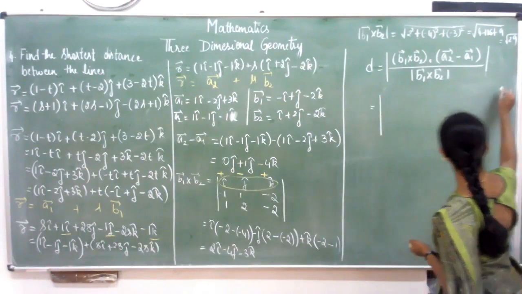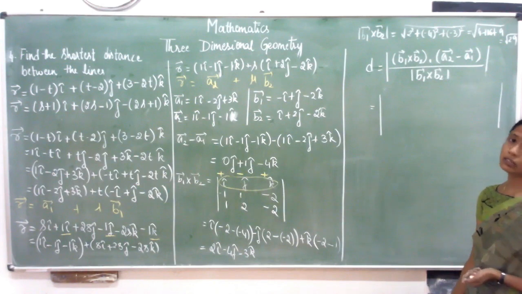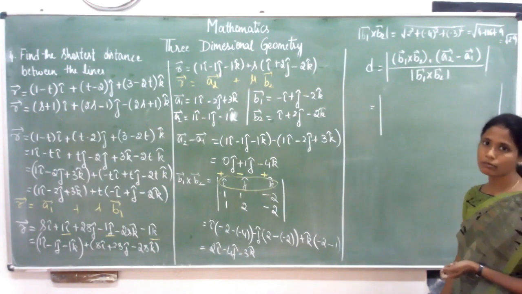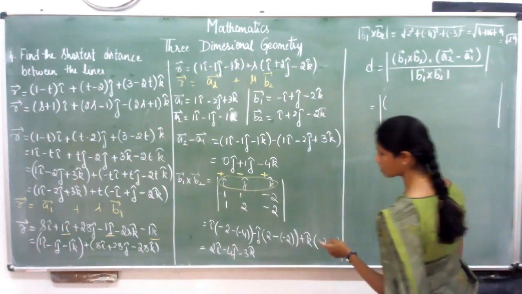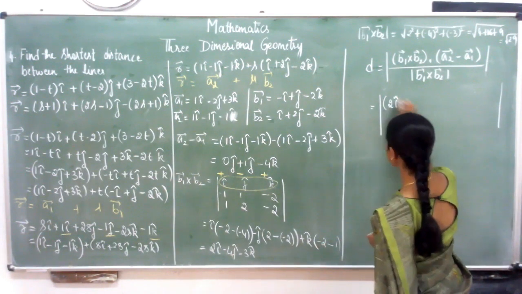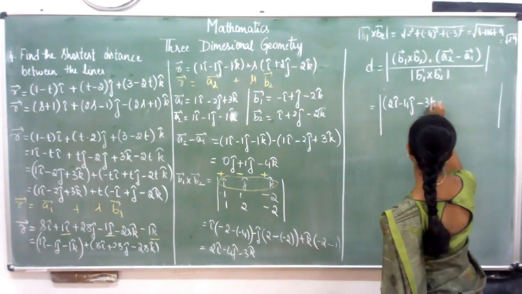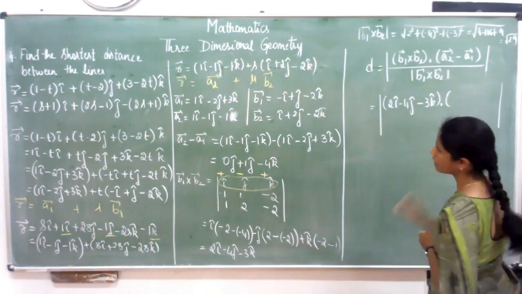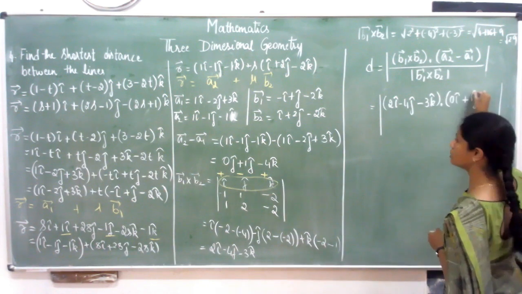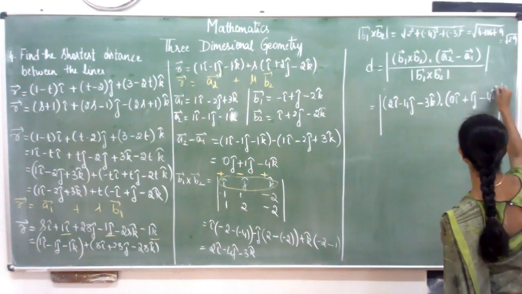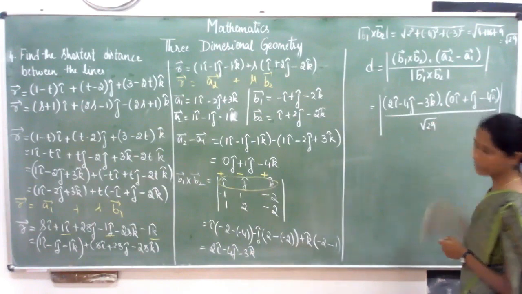Therefore, this is equal to modulus of vector v1 cross v2 dot vector a2 minus a1 by magnitude of vector v1 cross v2. So vector v1 cross v2, which is 2i cap minus 4j cap minus 3k cap dot vector a2 minus a1, 0i cap plus 1j cap minus 4k cap, whole divided by root 29.